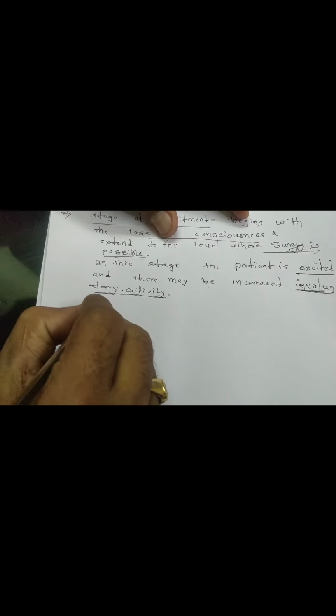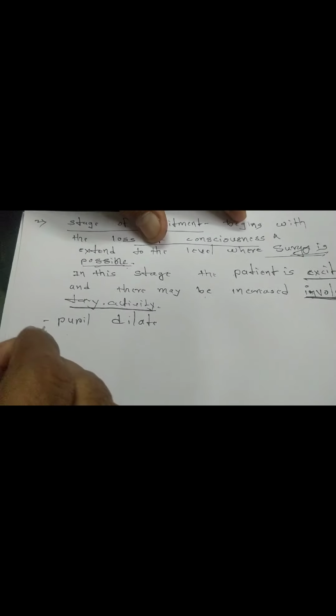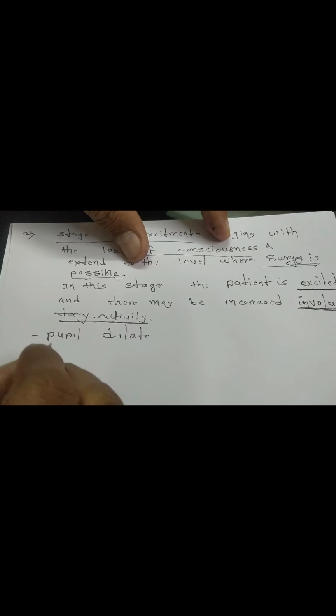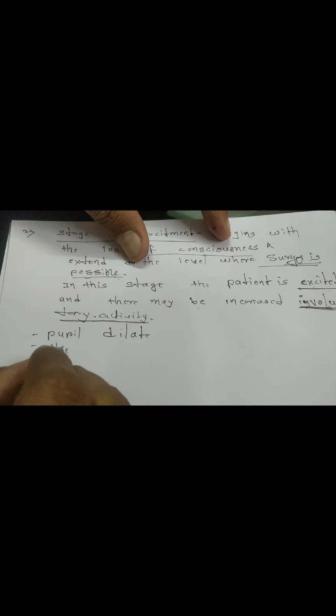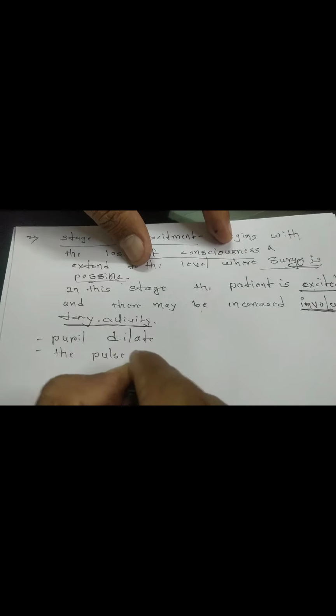The pupils are dilated, the pupil size may increase, pulse is rapid, fast and strong, blood pressure may rise.